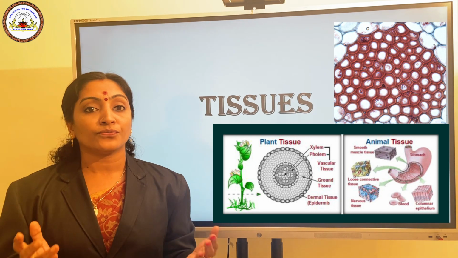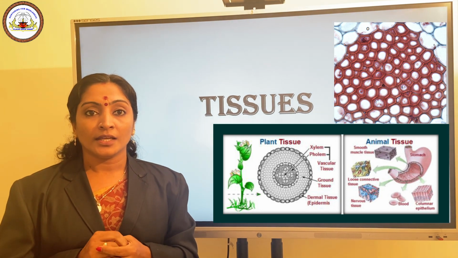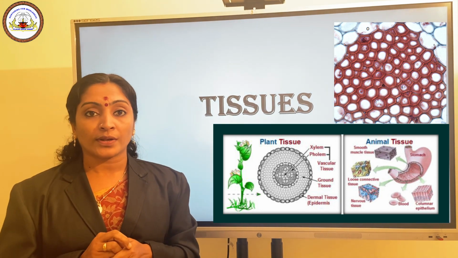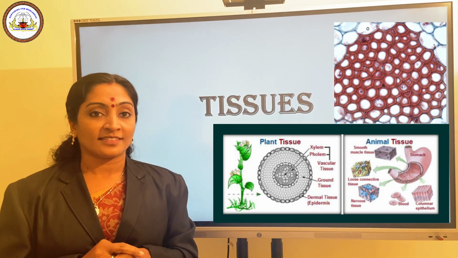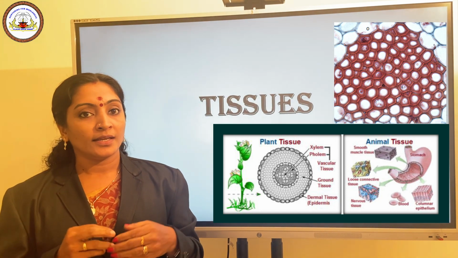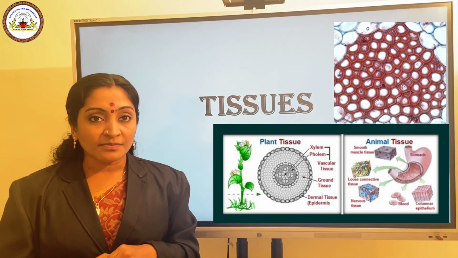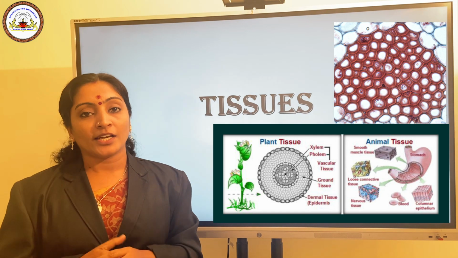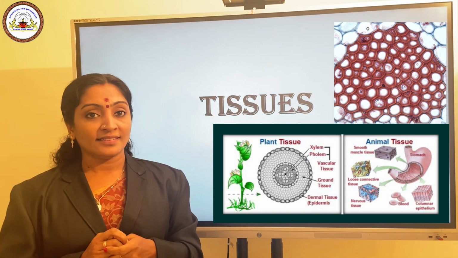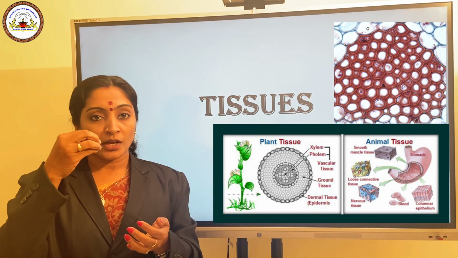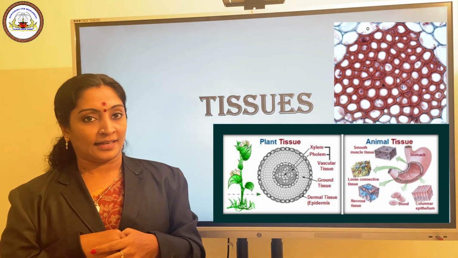Then, why is it called the functional unit of an organism? We know that we have different life processes like respiration, digestion, transportation, circulation, etc. All these processes are carried out because of the cells and the different types of components present inside the cell.